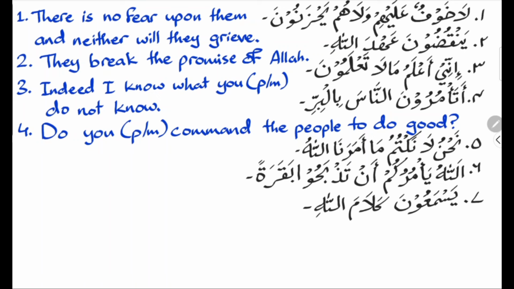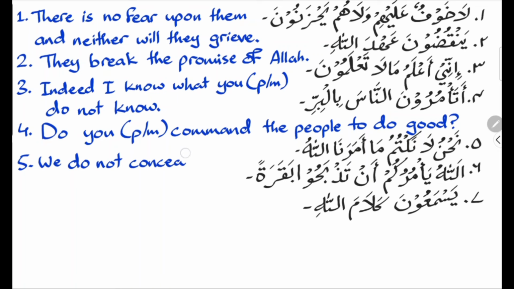Number 5 is نحن لا نكتم ما أمرنا الله. نحن is we, لا نكتم. كتم يكتم means to hide or to conceal. And it's on the wazn of naf'alu, which is jama' mutakallim, which means we conceal. La naktumu means we do not conceal.